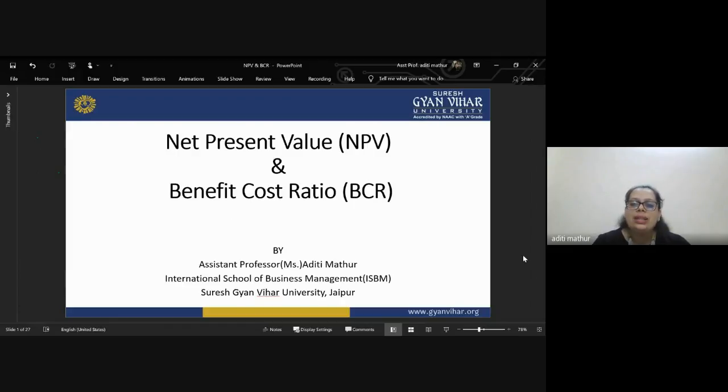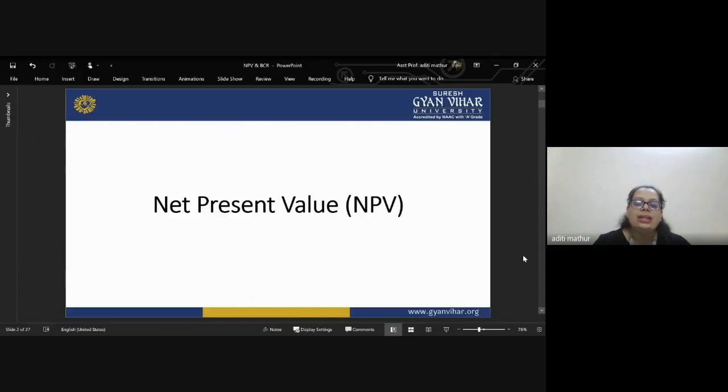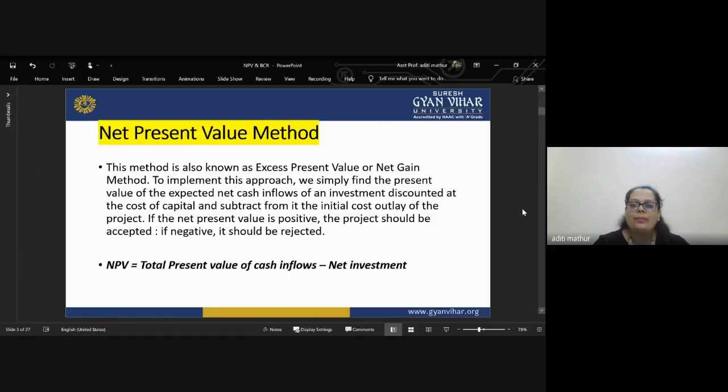So let us just start with understanding first the NPV method, that is your net present value method. This is also known as excess present value or net gain method. So you should always know the alternative names of every method.